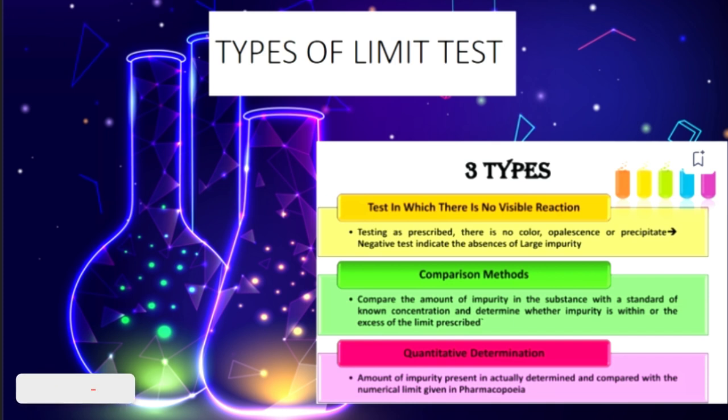So this will be the quantitative determination of the standard and test solution. These three methods are followed in the limit test. First, you do the experiment and the test gets some intensity of color or opalescence. Then you compare it with the standard, and then quantitatively analyze the impurity.